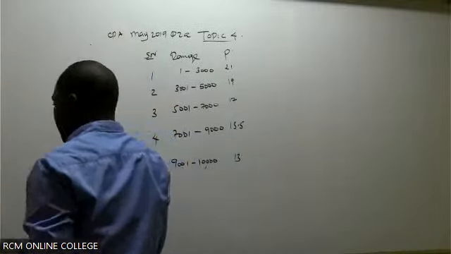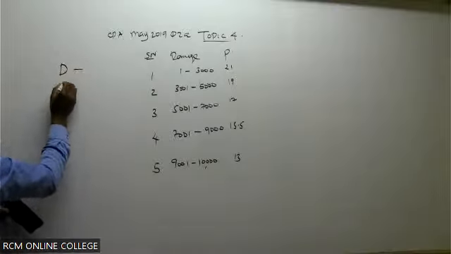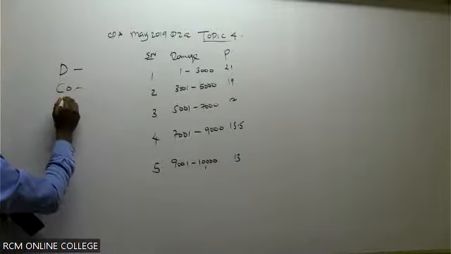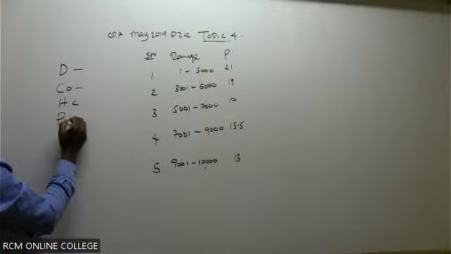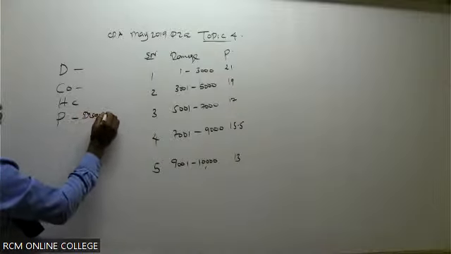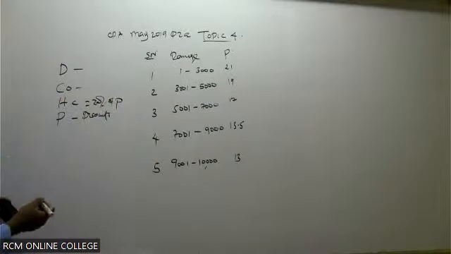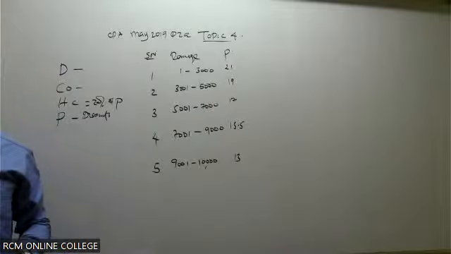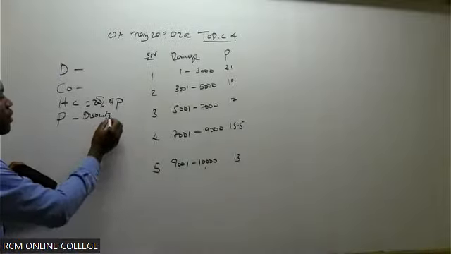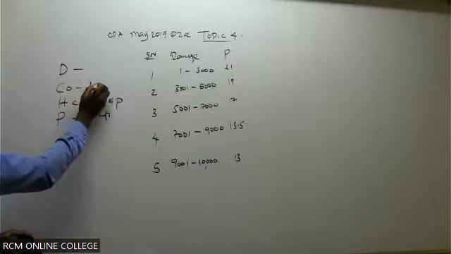So I want us to list those items that we've been given. Do we have demand? Do we have ordering cost? Do we have holding cost? Do we have purchase price? So purchase price here, of course, has discounts, and holding cost is 20% of purchase price. What is our ordering cost in the question? 2,500.